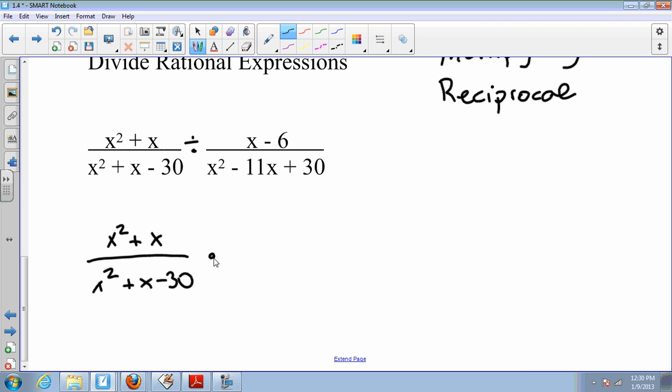It is now times x squared minus 11x plus 30 over x minus 6. It is now multiplication, and you approach it just like the last problem.